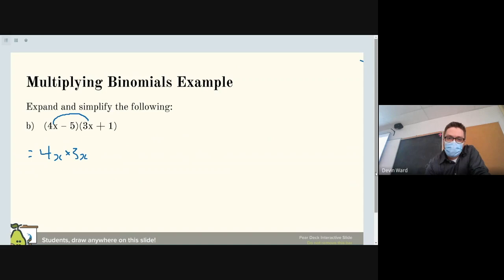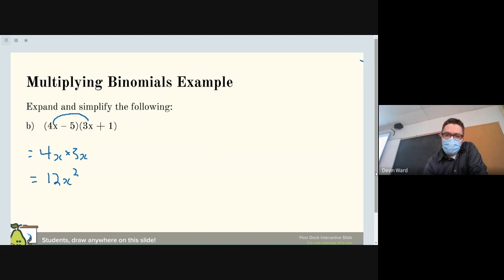Okay, so that'll give us 4 times 3, which is 12, with x times x, which is x squared. If you have to break it down into these steps, totally fine. If you skip right from 4x and 3x right down to 12x squared, also fine. Okay, so that's our first.